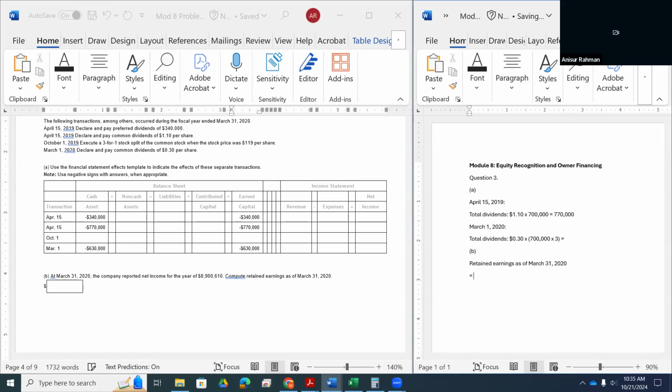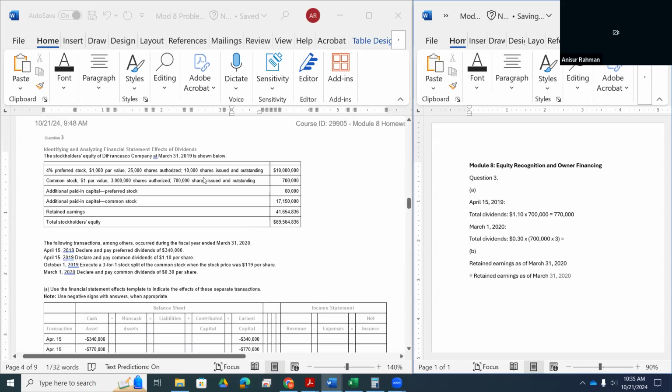That will be equal to our retained earnings as of March 31, 2019, and then we'll add the net income during the year, and then subtract any dividends paid.